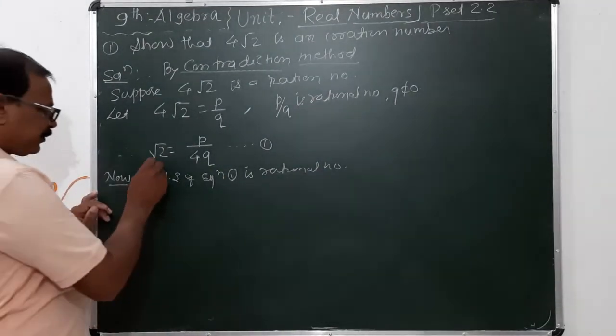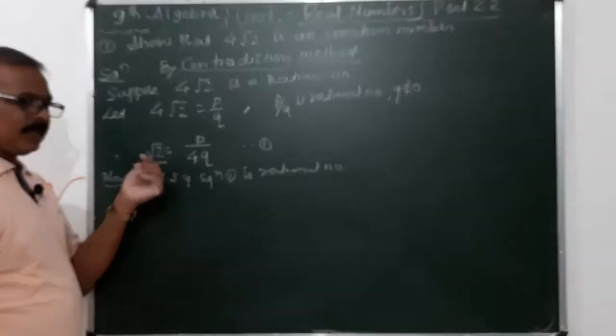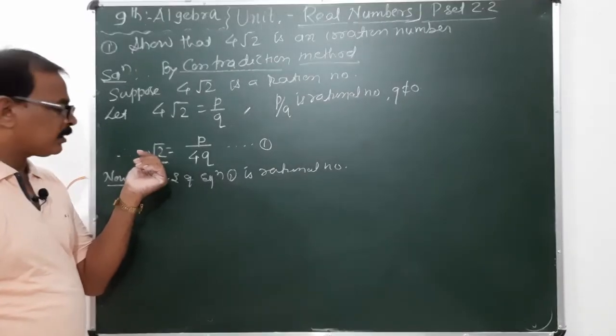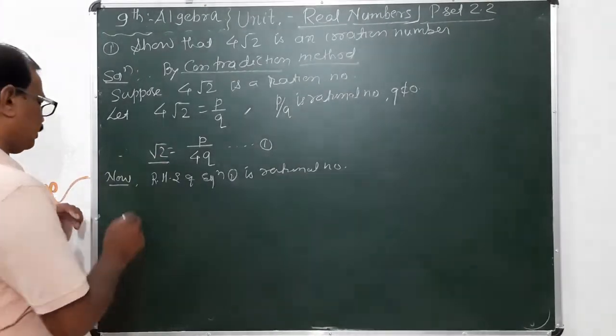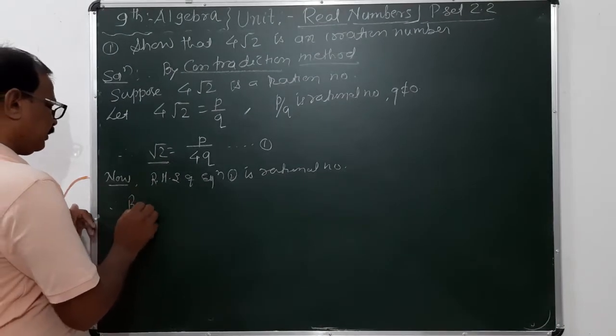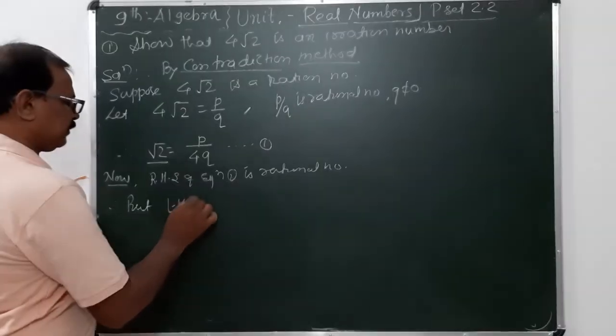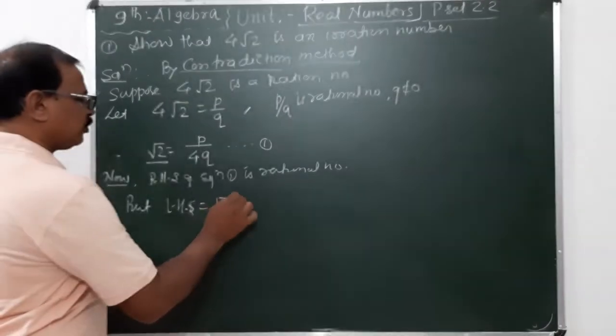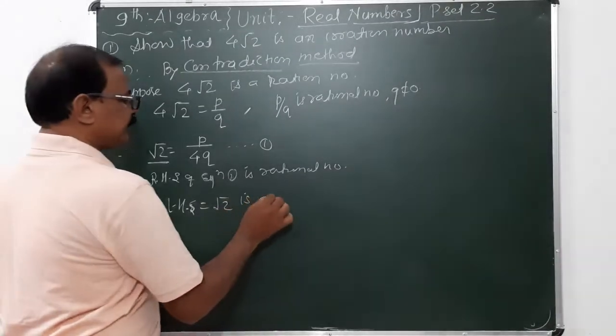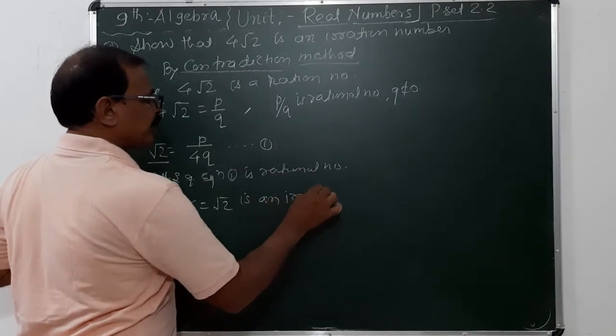Now what about the left side here? LHS is equal to root 2, which is an irrational number.